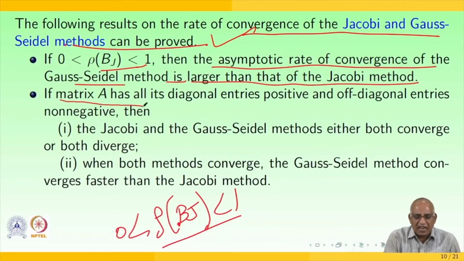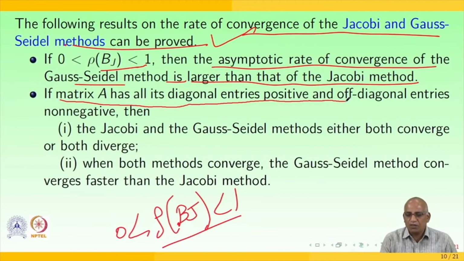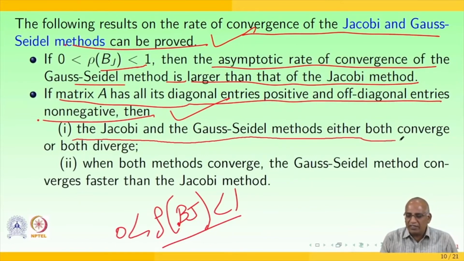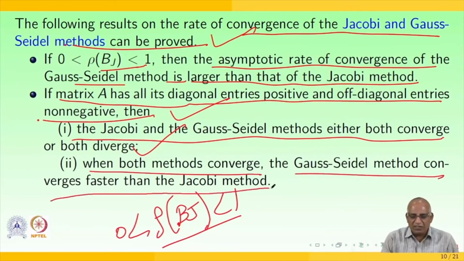If matrix A has all its diagonal entries positive and off diagonal entries non-positive, then the Jacobi and Gauss-Seidel methods either both converge or both diverge. When both methods converge, the Gauss-Seidel method convergence is faster than the Jacobi method.